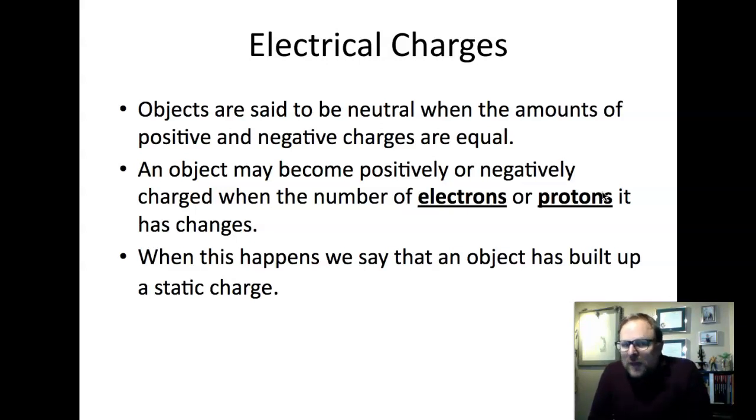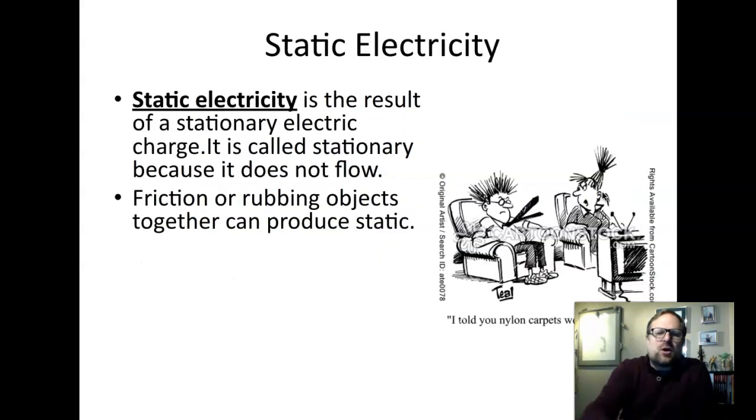And I don't know if you've made the connection yet, but electrons sounds an awful lot like electricity. And so there's a big connection that I want you to make in there. So if we fiddle around with the number of electrons in particular, we can change the charge of something. When this happens, we say that the object has built up what's called a static charge.